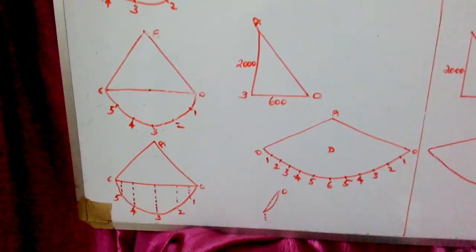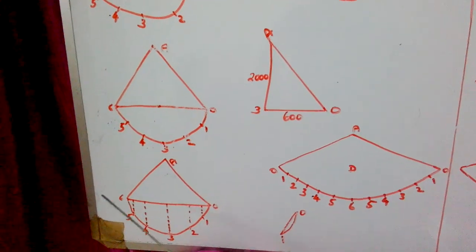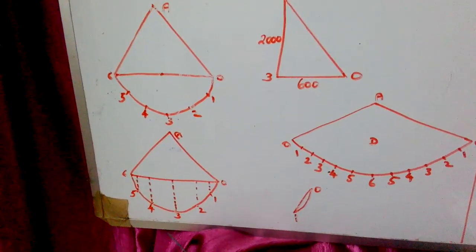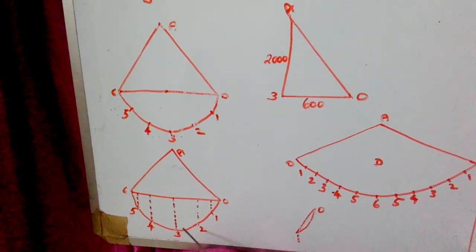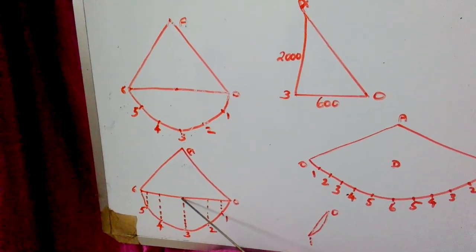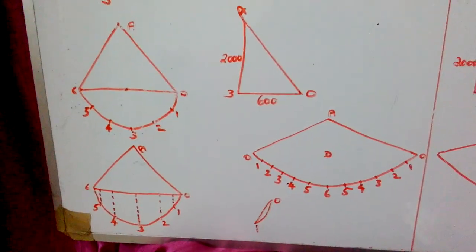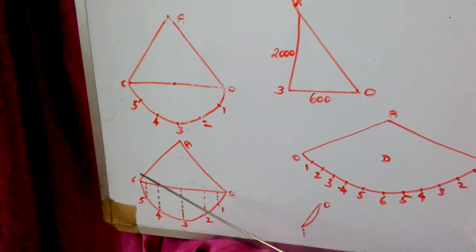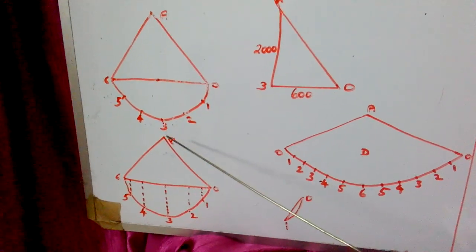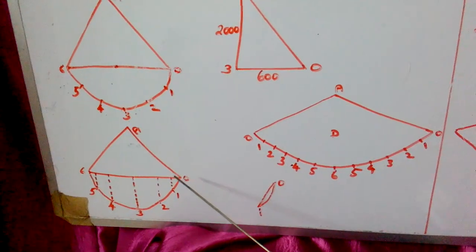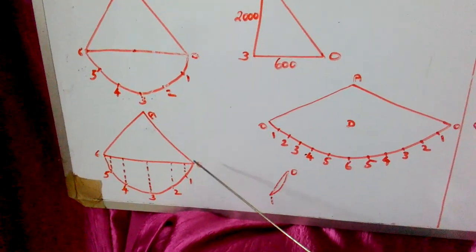So always remember, in this elevation, the position of 3 is here. It is the base. Everybody knows this base. In this elevation, one base is visible as a line only.